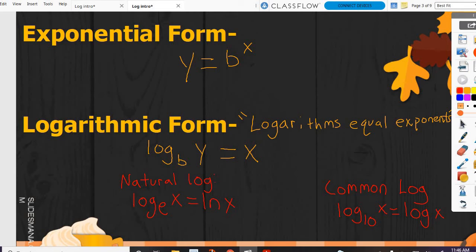On the common log, log x, you don't have a base. If it's a base of 10, then we just don't write the base. Anytime you don't see a base there, it's understood that it's a base of 10.